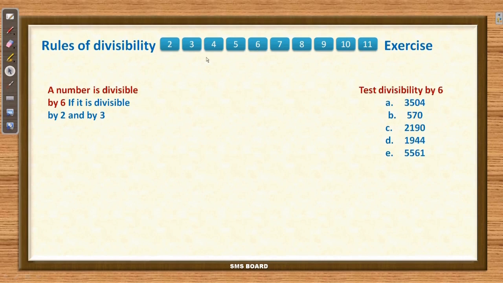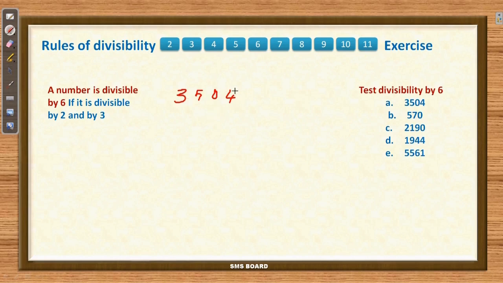The first problem is 3504. In this number, the last digit is 4.